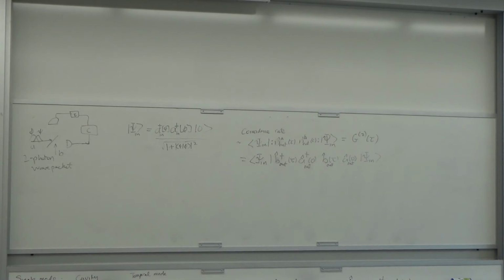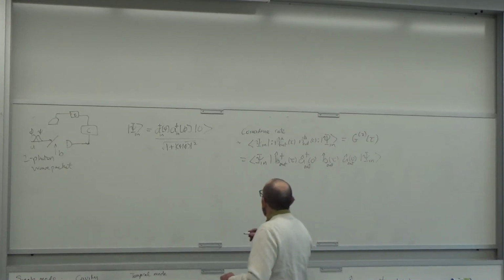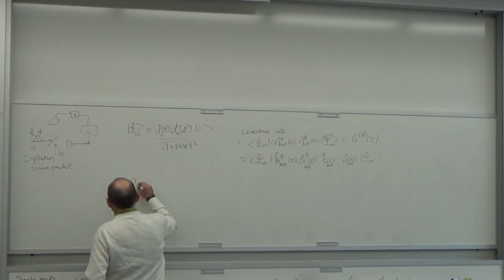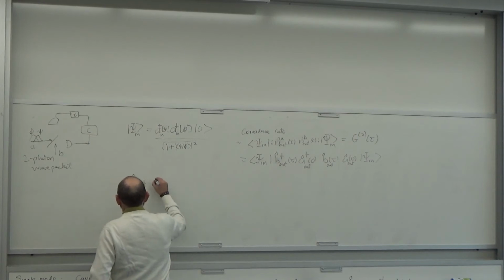Okay, so now I ask you, how do I relate the out operators to the in operators? Everyone did their homework, so everyone knows the answer. The S matrix. Right.